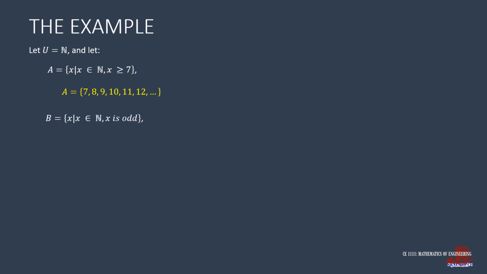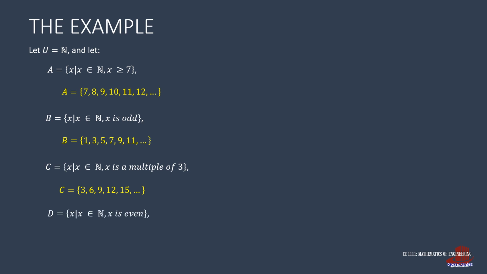Set B is then considered as positive odd numbers from 1, 3, 5, 7 until positive infinity. The third set C is a positive multiple of 3, and that would start from 3, 6, 9, and so on. Set D have positive natural even numbers 2, 4, 6, and so on until positive infinity.